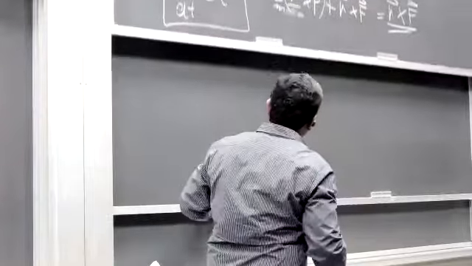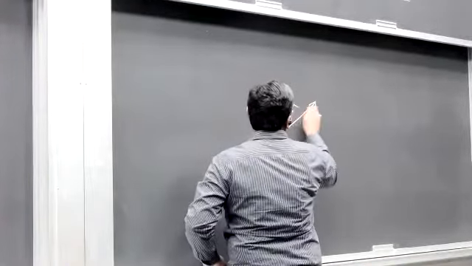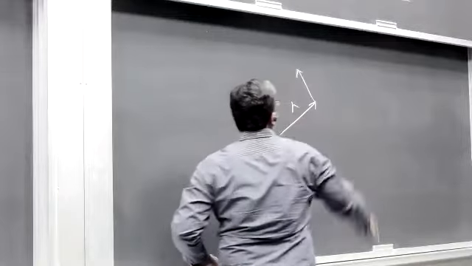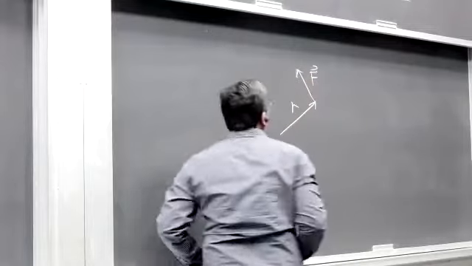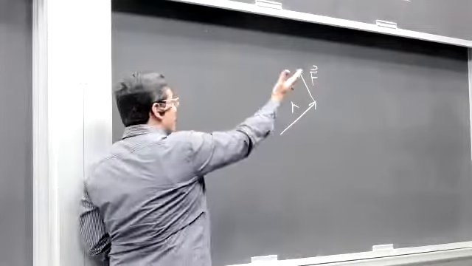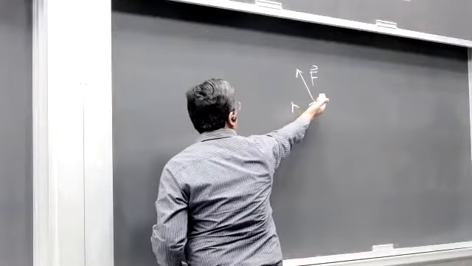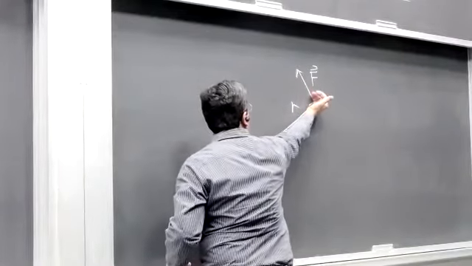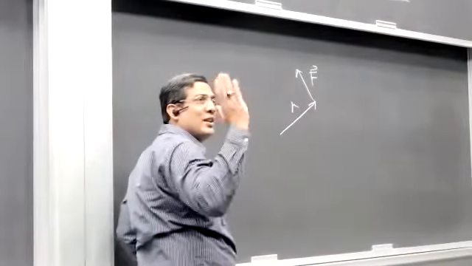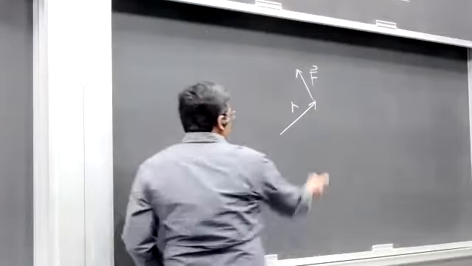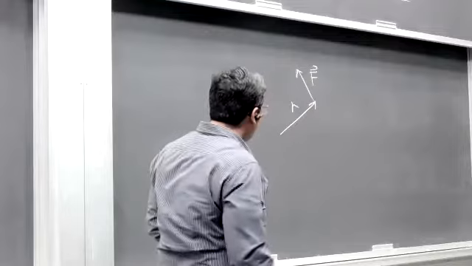Let me just explain very quickly. If this is r and this is force, how do you determine the direction of the angular momentum? Well, this is how. You place your hand along r, your fingers, then curl them into the direction of the force, and your thumb would be pointing in the direction of the angular momentum.